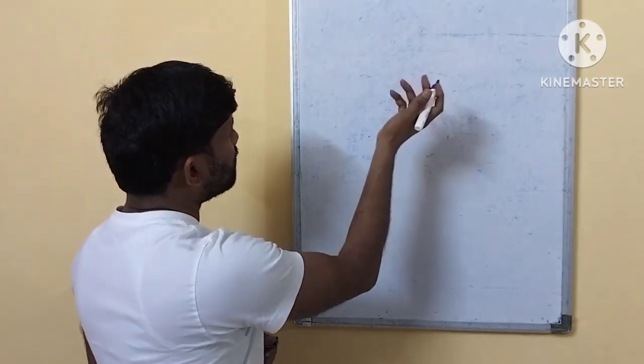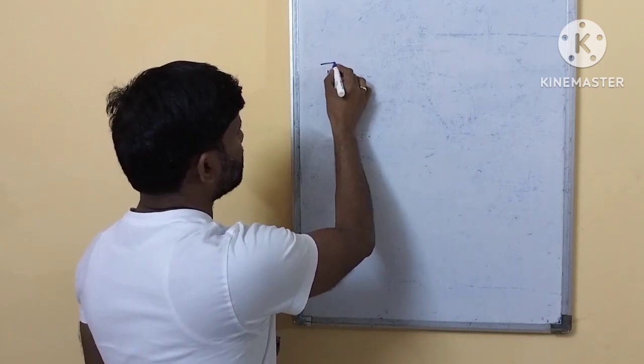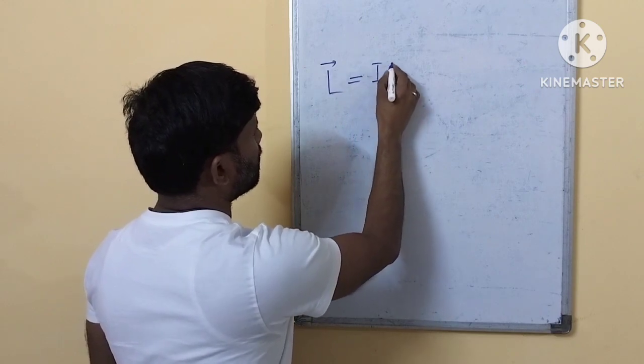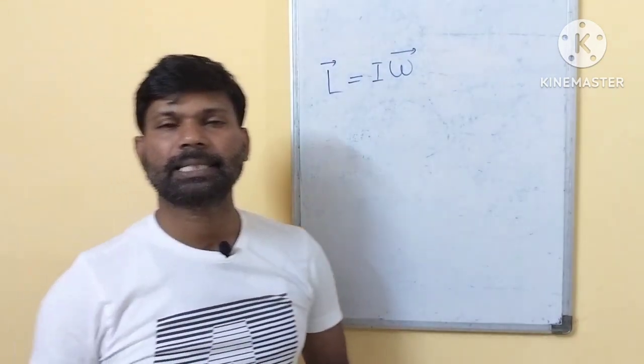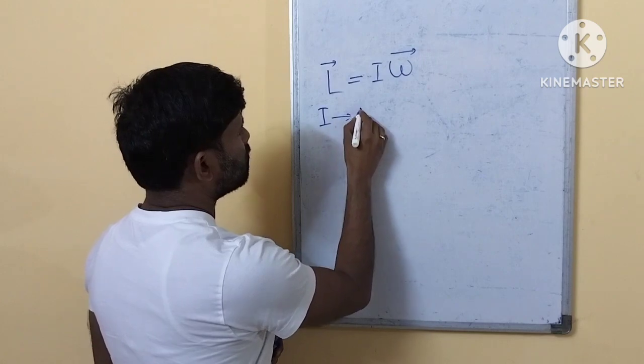Here, total angular momentum of a system, L, is a vector, equal to I into omega. Omega is a vector, and I is moment of inertia.